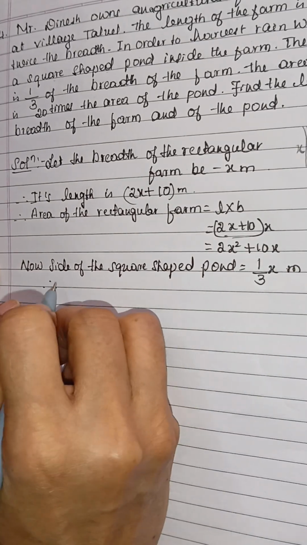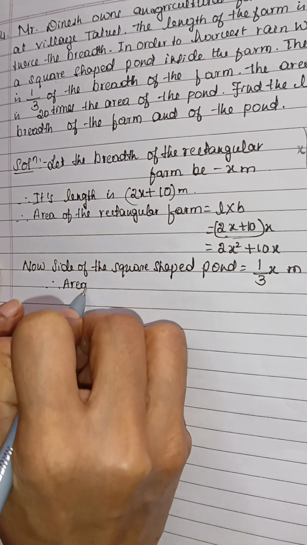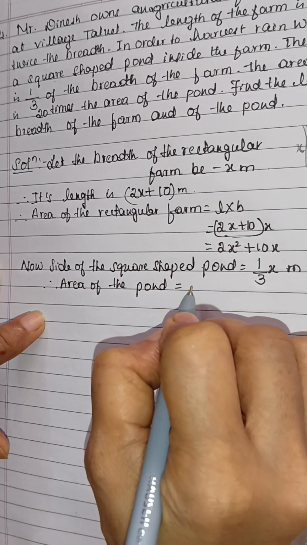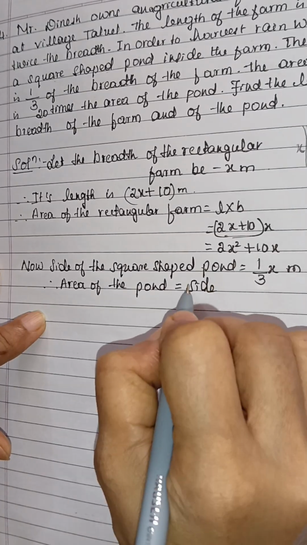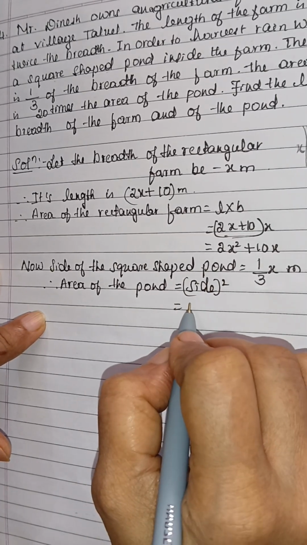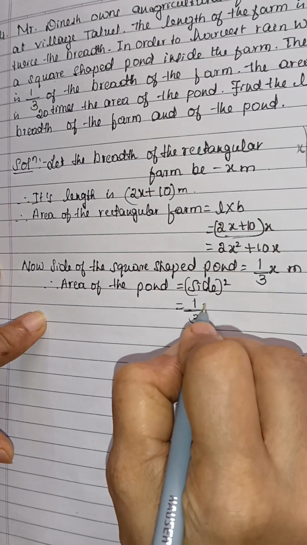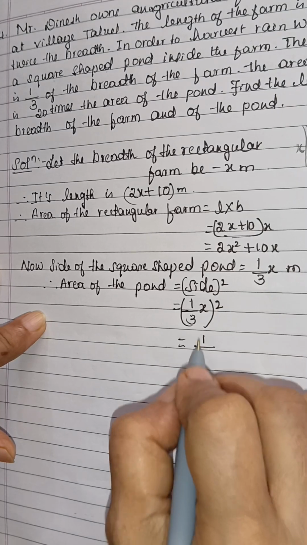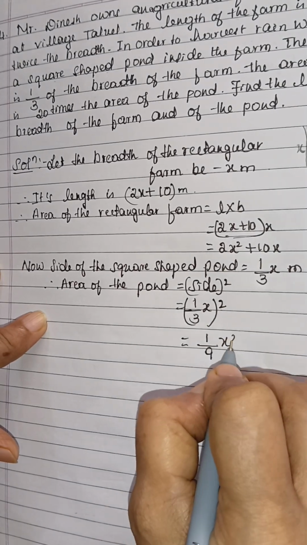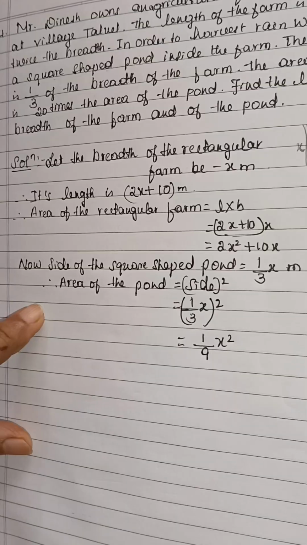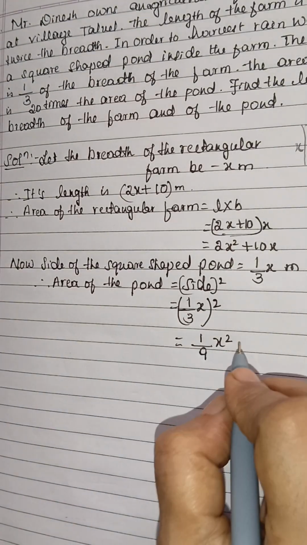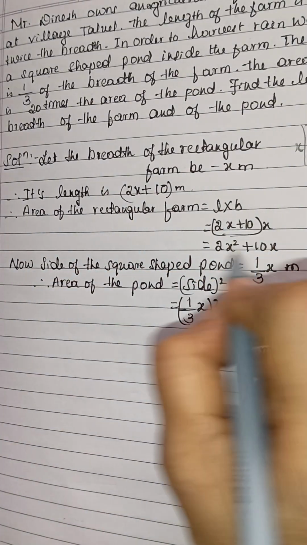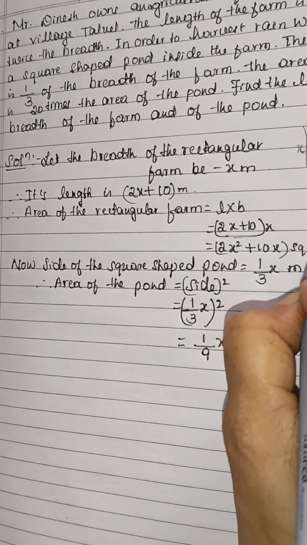Therefore, the area of the pond is side square, no? Side square, that is (1/3 x) square, that is 1 ones are 1, 3 3s are 9, x square by 9. Okay, this is area, no? Square. This is in meter. Here also you have to write the area of the rectangular shape. This is in square meter. Okay.